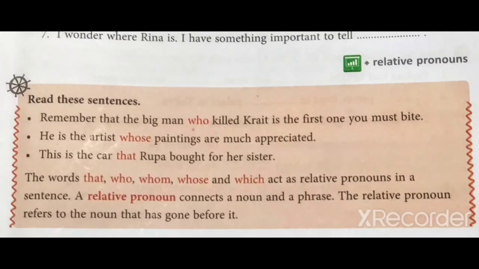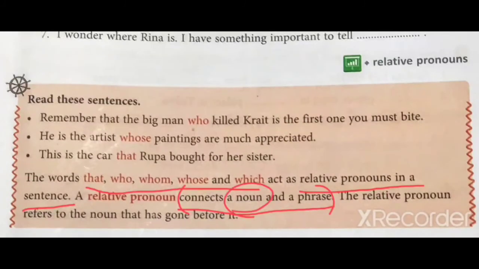The words that, who, whom, whose, which, these all act as a relative pronoun in a sentence. A relative pronoun connects the noun and the noun phrase. As I told you in the video, noun means here the main clause. Phrase means the relative clause, that is the remaining part of the sentence.